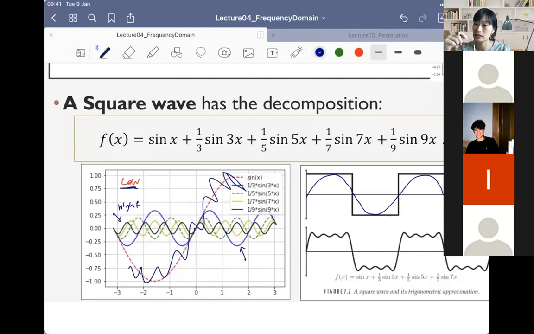So it happens around the edge of the image. So that's why high frequency is sort of the small detail. You will see it very clearly at the edge of the image.